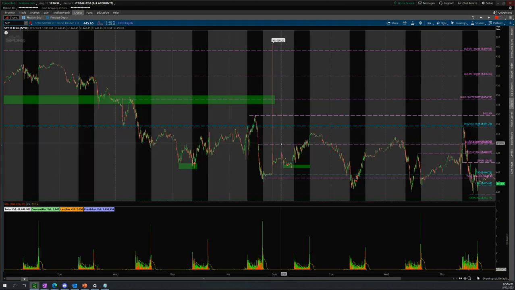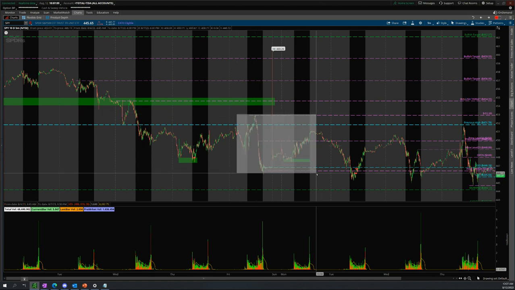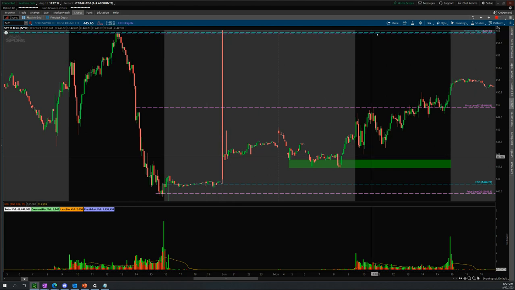Everybody knows I'm always grabbing my levels from the day before. So we had this level right here, 449.88. I marked that level, previous day low, and then previous day high, which was much higher. I'm just going to lift that up to there. So we had this massive range in between Friday's price action.